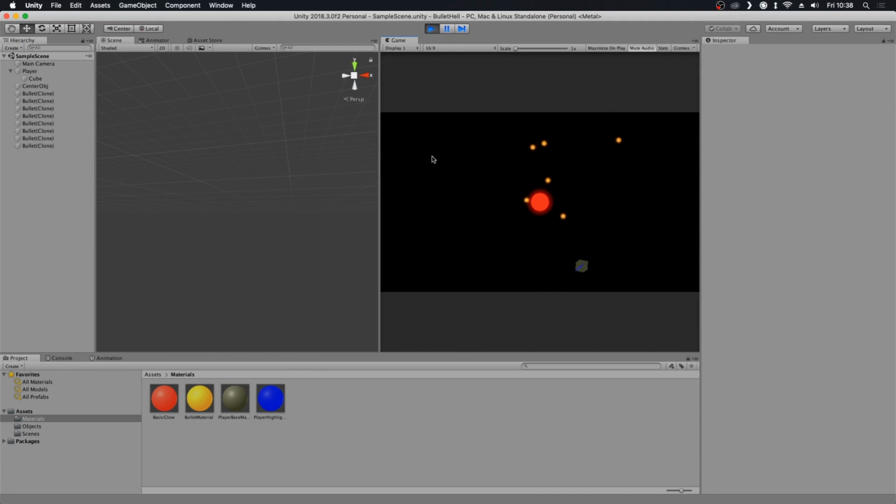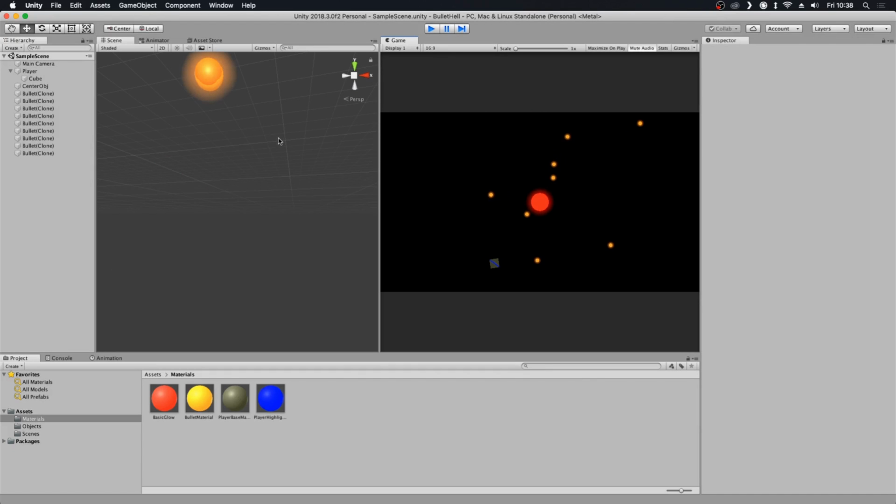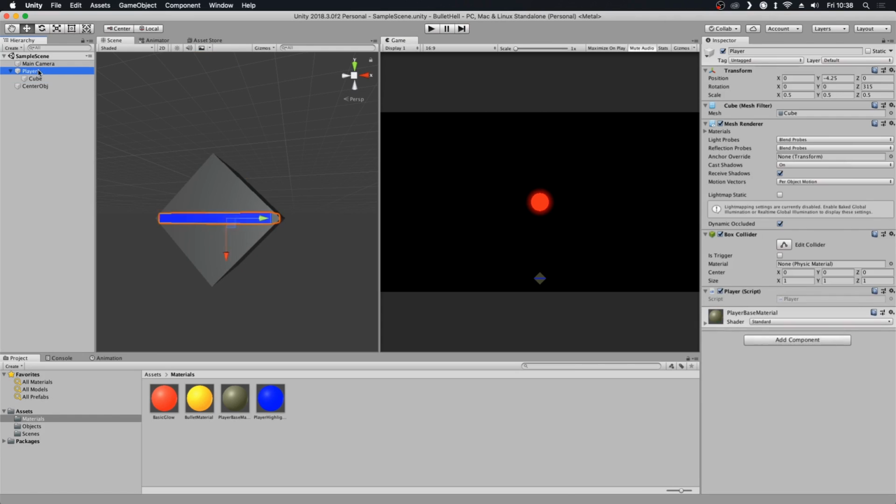Okay, the rotation is happening. I need to make it not a cube and a lot flatter. I think that's gonna help a lot. This is the highlight cube.